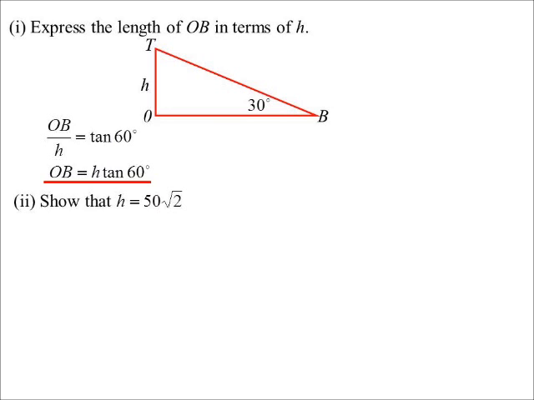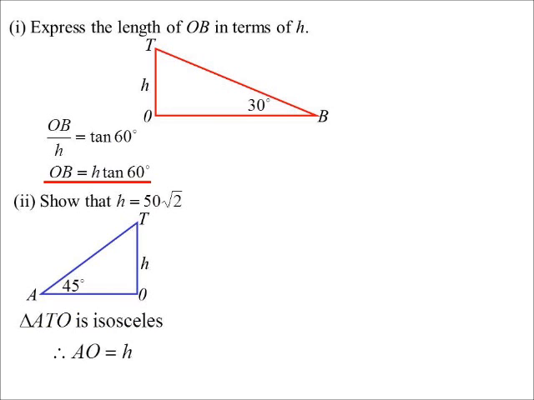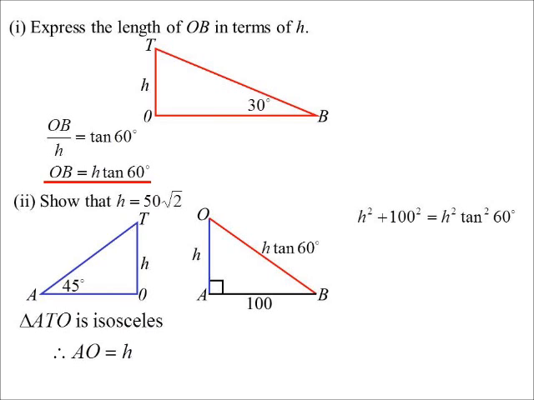So using the other triangle, it's a 45-degree triangle, so I know it's isosceles. So I know AO is also H, and I can just use, there we go, a bit of Pythagoras. H squared plus 100 squared will be H squared tan squared 60 in the other one.